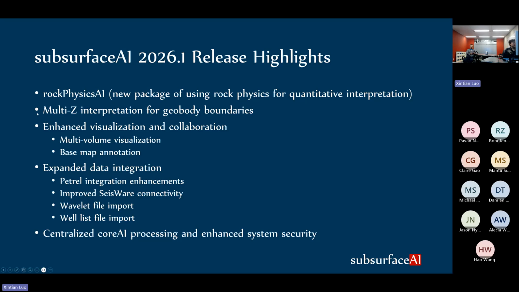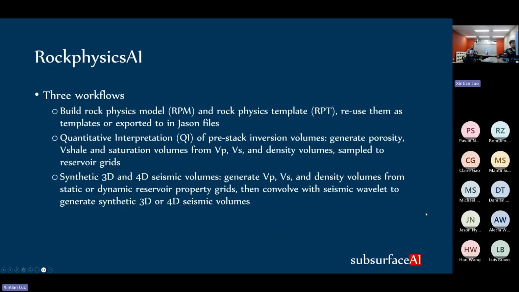In addition, we introduced multi-Z interpretation for geobody boundaries, new visualization capabilities, including multi-volume visualization and base map annotation, expanded data integration with Petrol and Saswell, support for wavelet and well-list imports, and centralized core AI processing with enhanced system security. I'll now hand it over to Ren Jun to walk through the new Rock Physics AI package and its workflows.